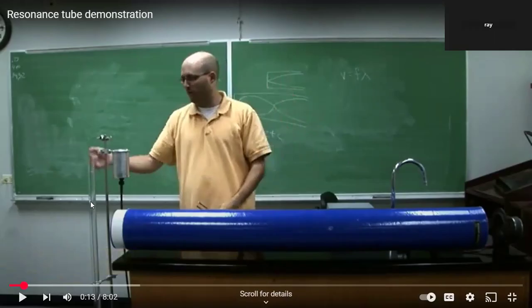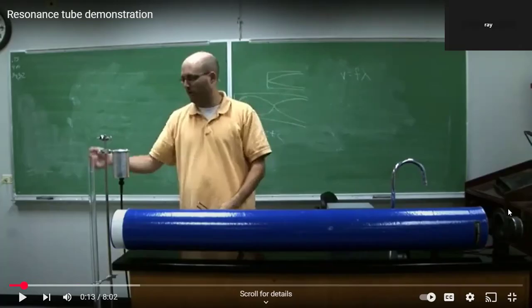That's your burette. This is a reservoir. You can also use this, a closed tube where you can adjust this length longer or shorter, and then this is a loudspeaker. That's your power generator. They use different frequencies. This one is softer, partly because the tuning fork is very small.